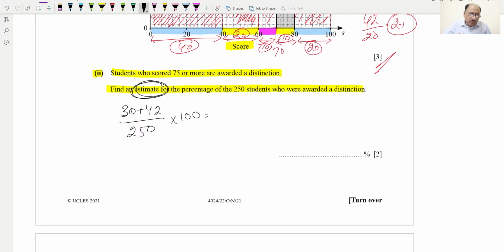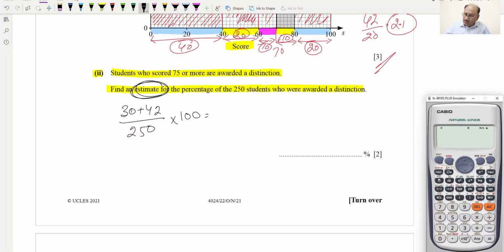So 30 plus 42 is 72, divided by 250, multiplied by 100 for percentage, and this will be equal to 28.8%.